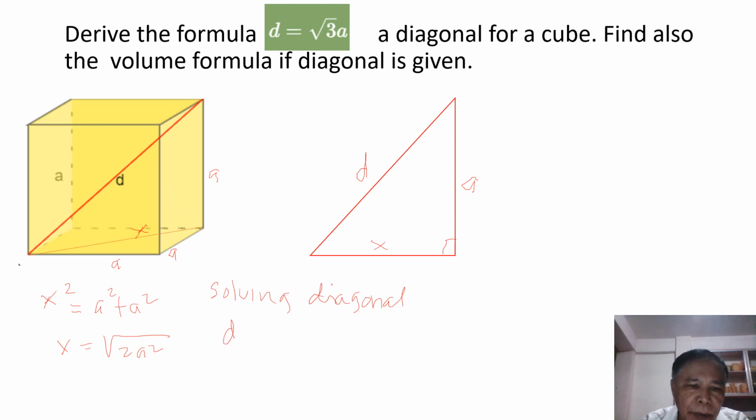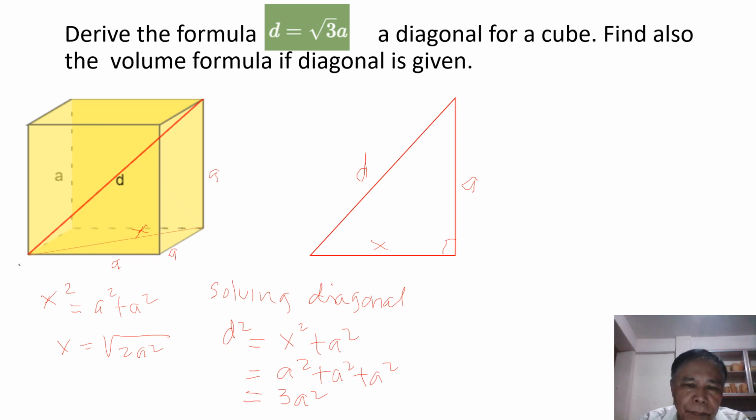You have D squared equals x squared plus a squared. But your x squared equals a squared plus a squared, and you have plus a squared, or simply 3a squared.